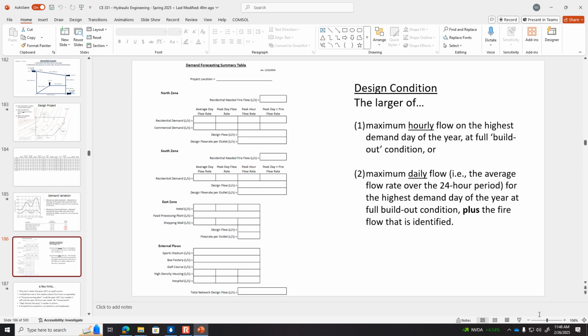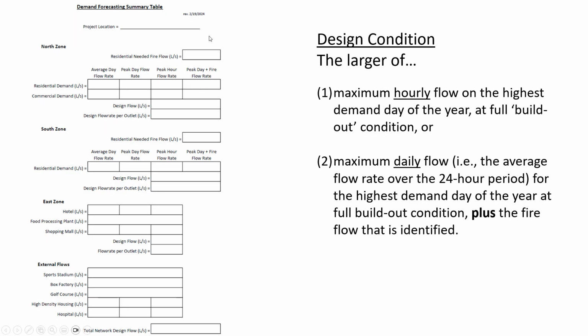So your design condition, the maximum flow, this demand forecasting summary table is what you have to use for submitting the flow rates in phase one. It's going to be hand calculations that you do, and then stapled to the front of those hand calculations will be this summary table.